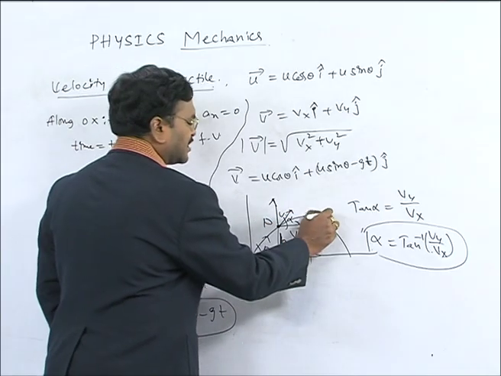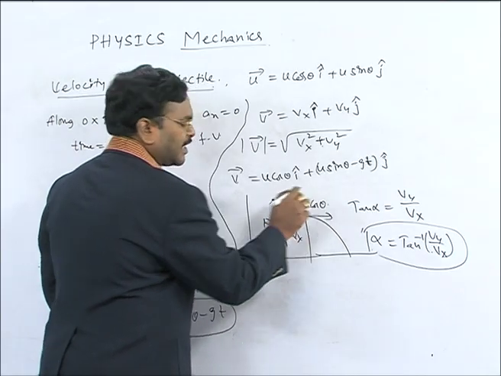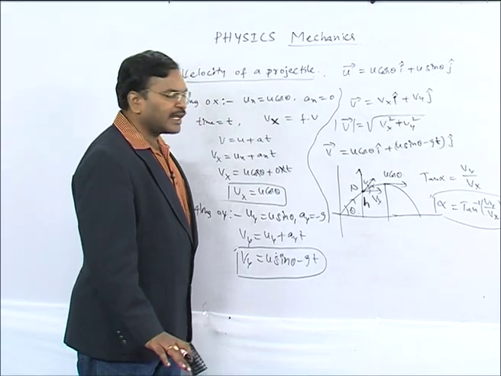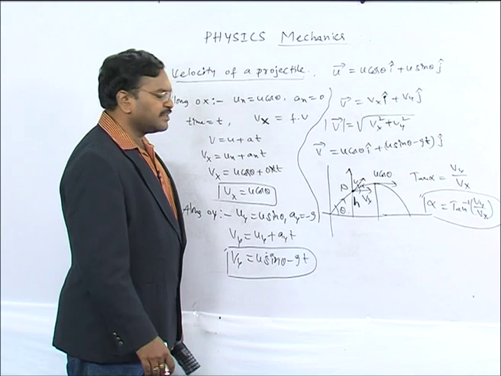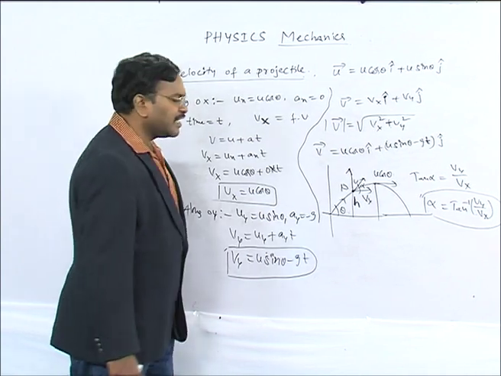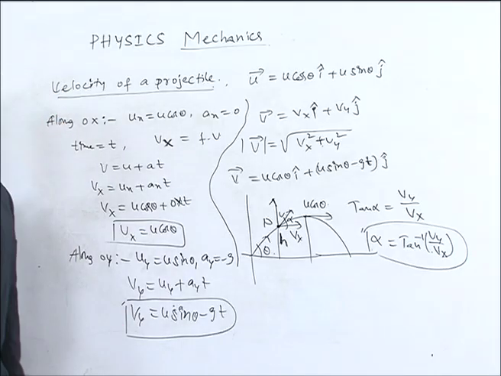If we do not know the time and want to calculate the velocity in the vertical direction after travelling a height h, we use the third equation of motion, v square minus u square is equal to 2as.